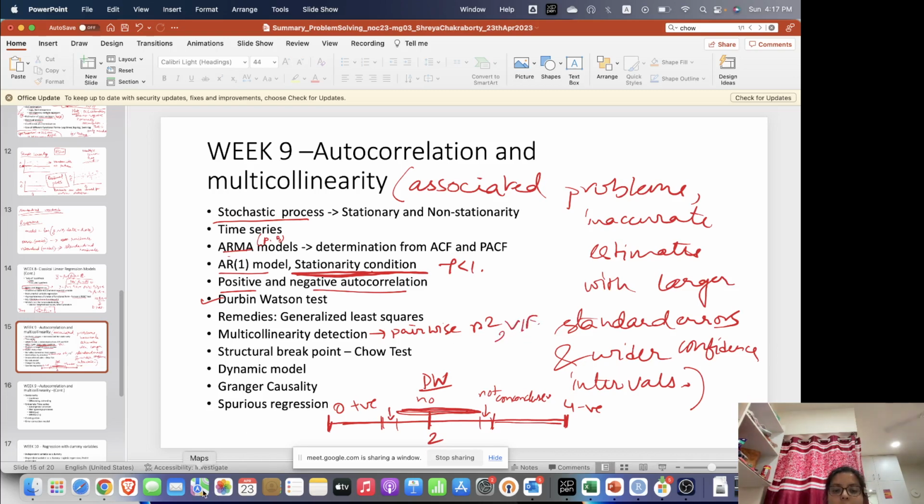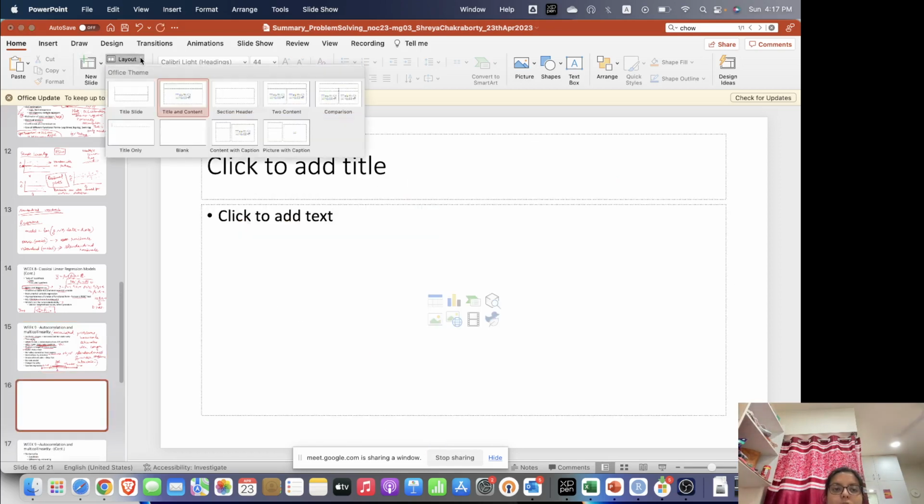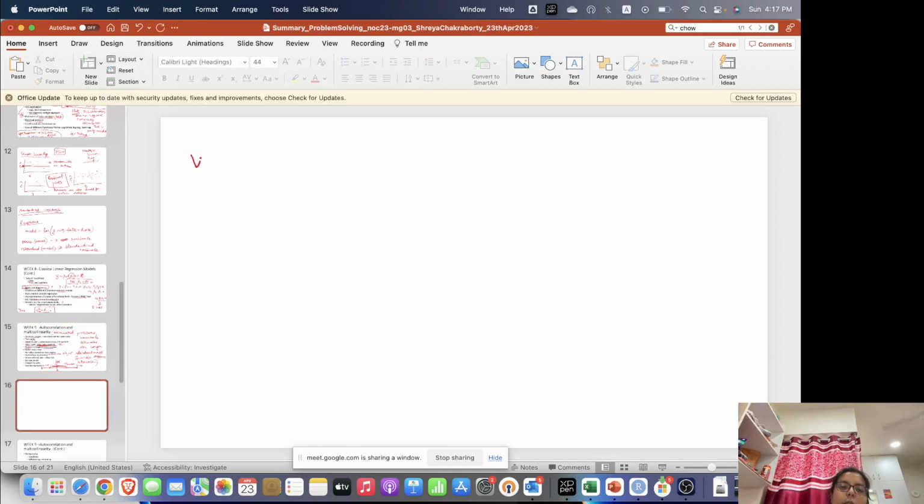This is the variance inflation factor. Suppose I have x1, x2, x3 in the model.